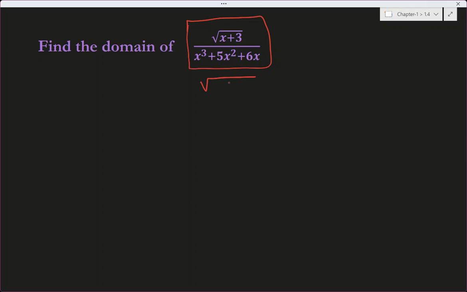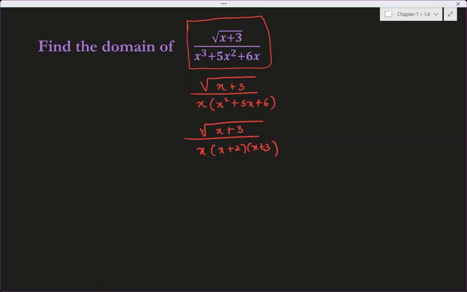So we can rewrite this as x plus 3. Then here we can factorize x as a common factor. So you have x squared plus 5x plus 6. And this we can easily write as x, then x plus 2, and x plus 3.